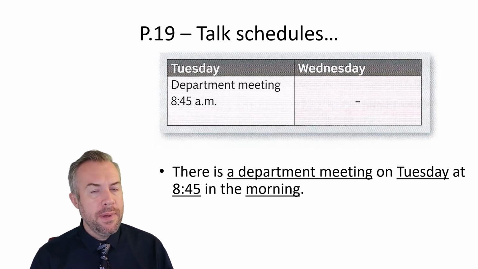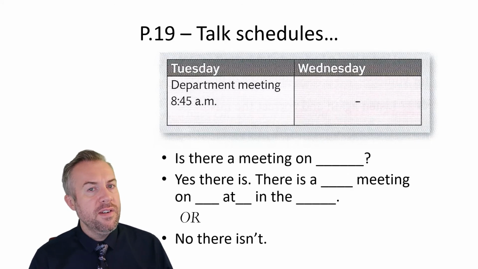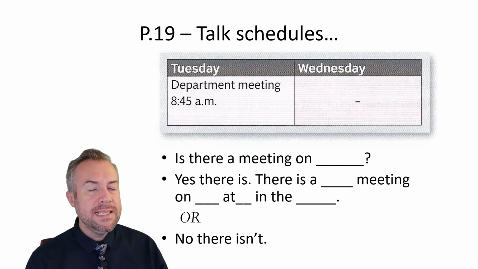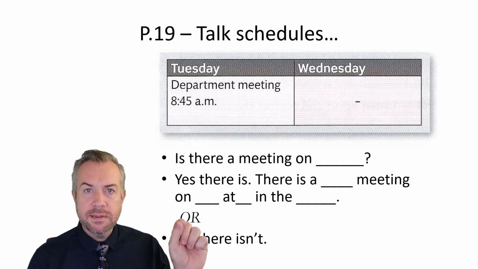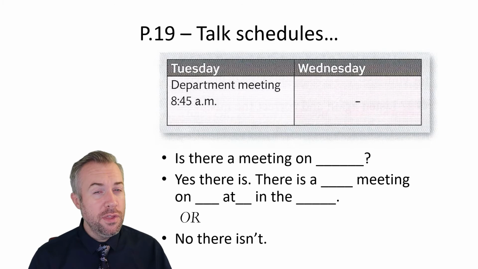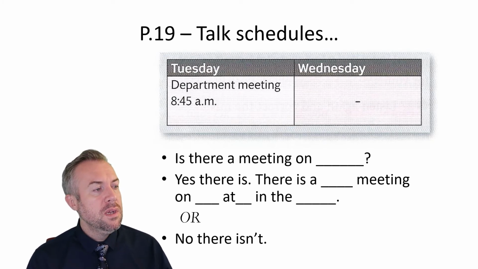Great. Let's make a yes/no question about this schedule. We want to ask about Tuesday first. Here is the structure. Is there a meeting on blank? The blank is the day. Is there a meeting on Monday, on Tuesday, on Wednesday, on Thursday, on Friday, on Saturday, on Sunday? Hopefully there are no meetings on the weekend. In this example, we'll use Tuesday.